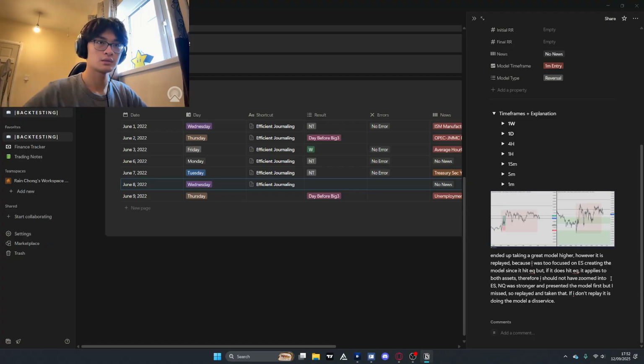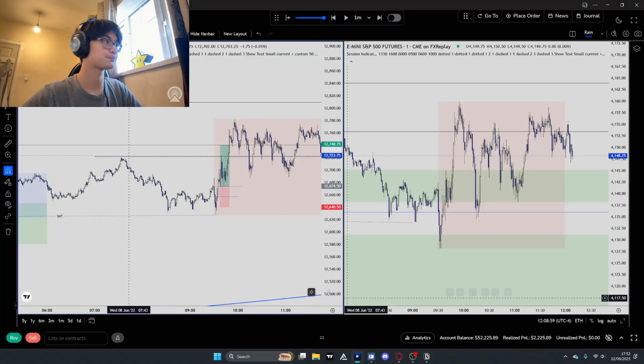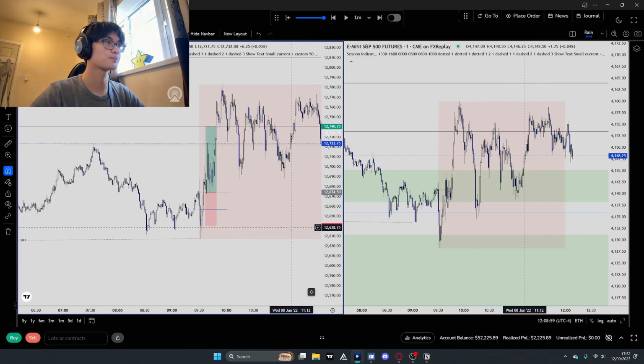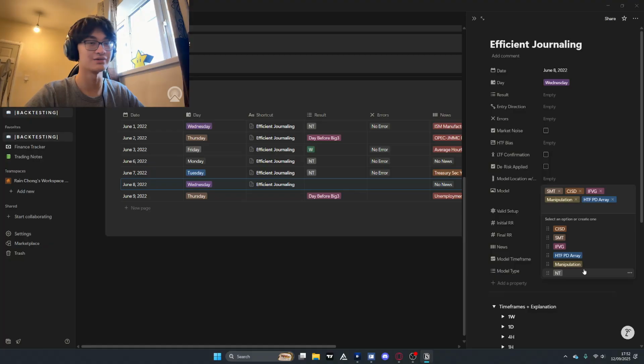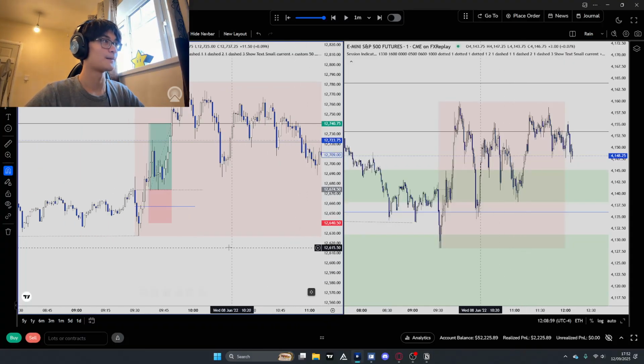If I don't replay it, it's doing the model a disservice. Model SMT change it to inversion, high time frame PD array, efficiency. It's got all of them. Amazing trade. W.